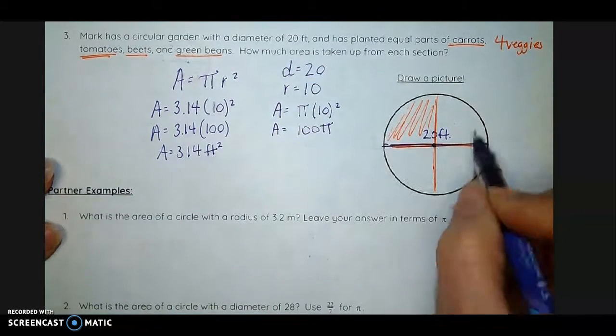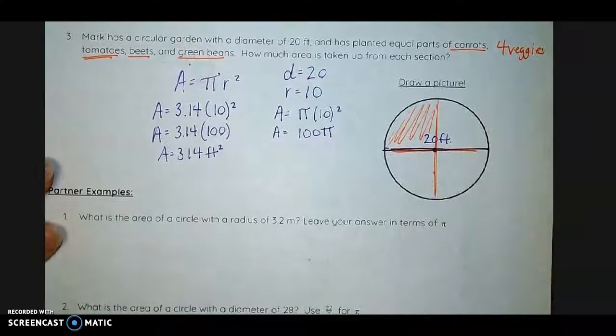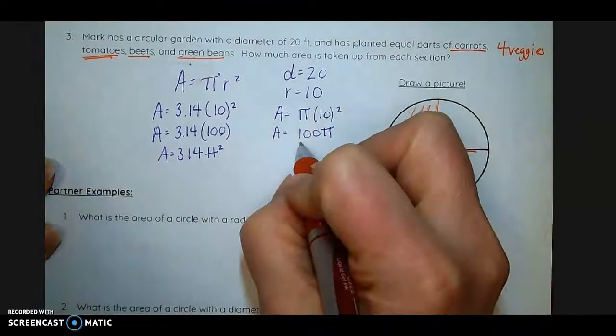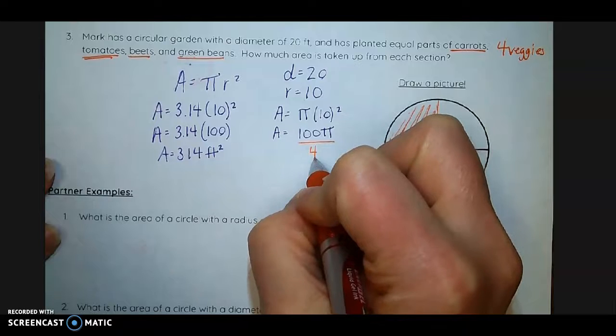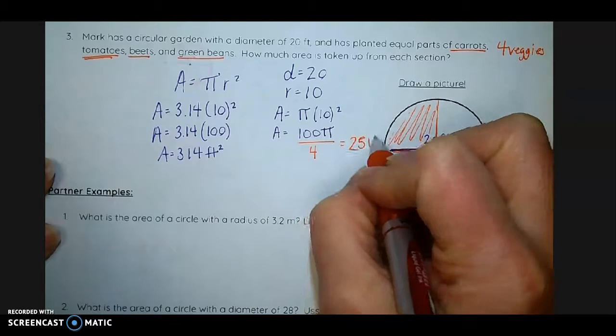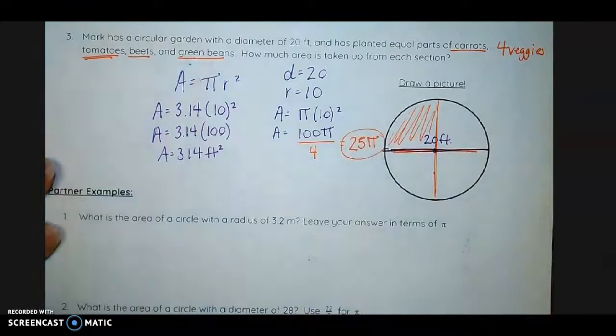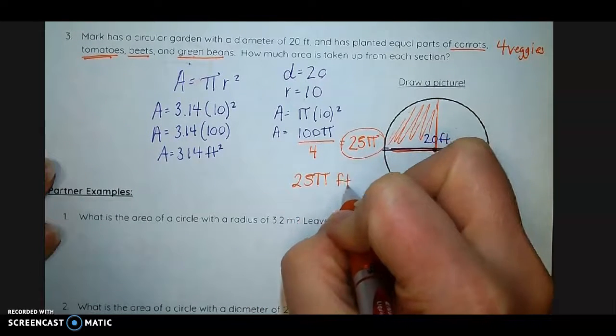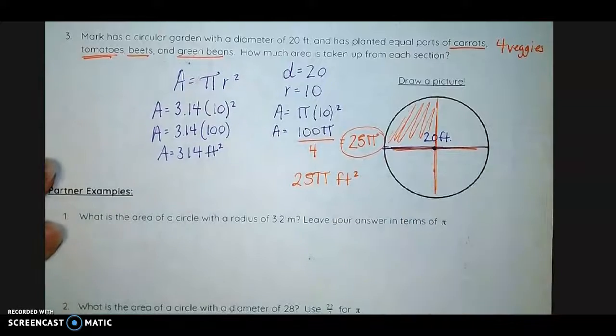Now that is for the entire circle, and I just want to know for one of the 4 sections. So I'm going to take this and I'm going to divide it by 4. 100 divided by 4 equals 25 pi. This would be my exact answer. 25 pi feet squared is how big one section is.